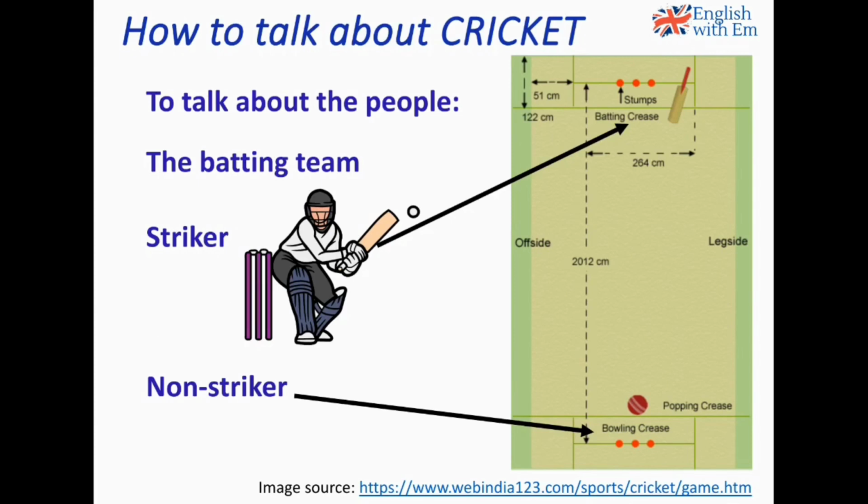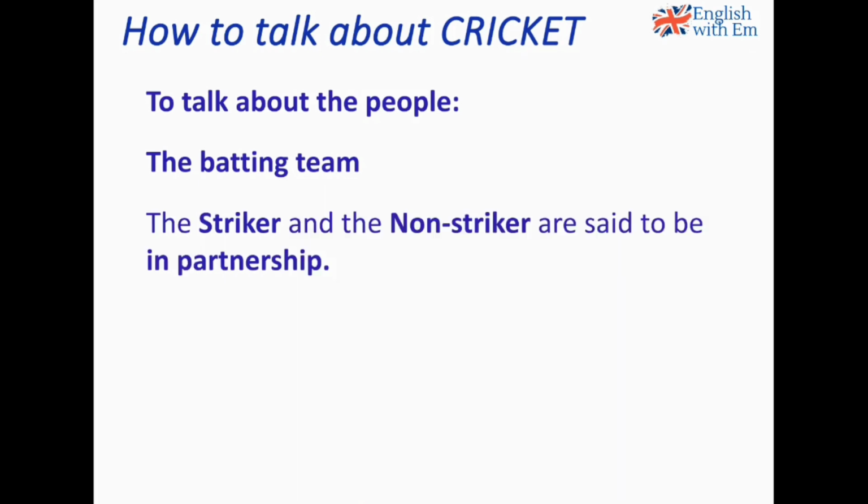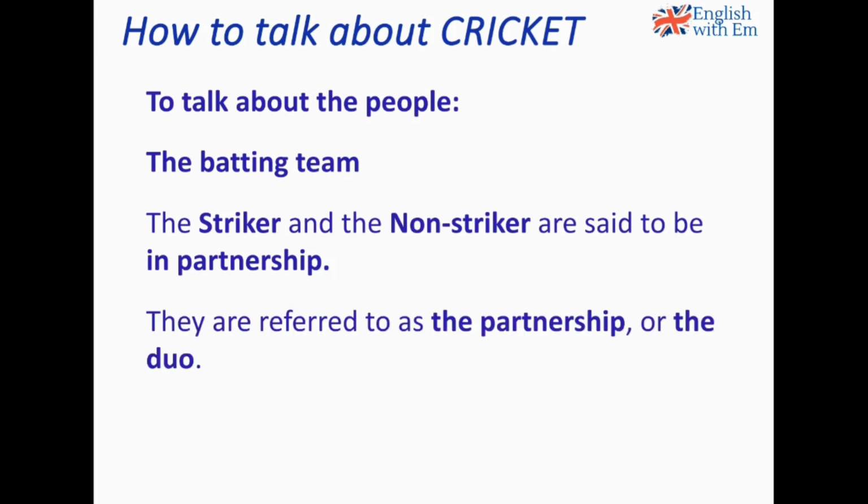So we have the striker at one end by the batting crease, and the non-striker at the other end by the bowling crease. And the striker and non-striker are said to be in partnership. They're referred to as either the partnership or the duo during the game.